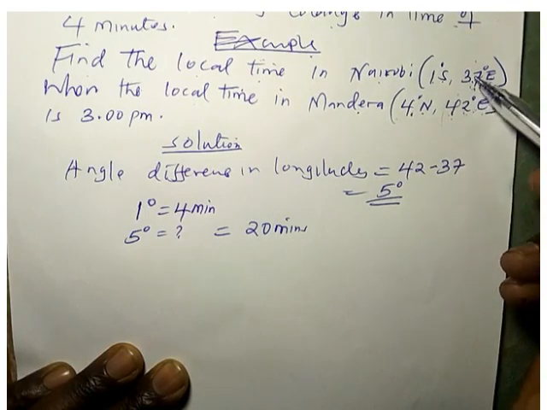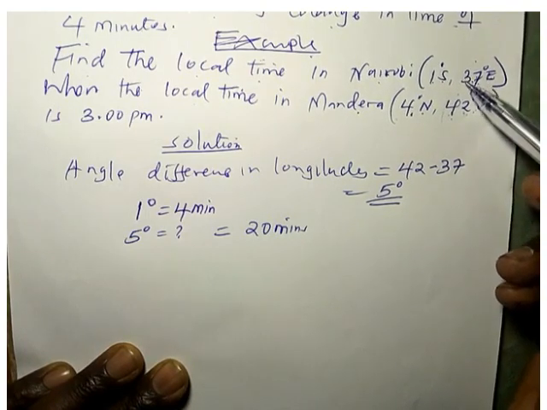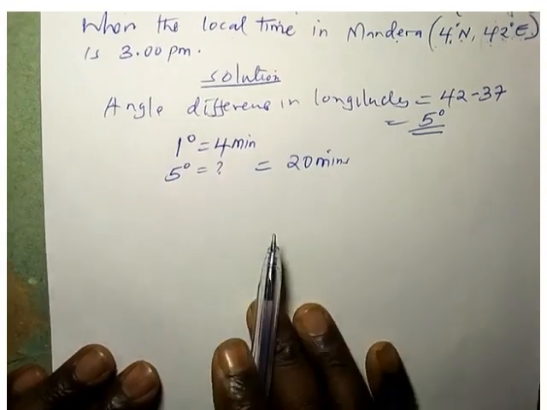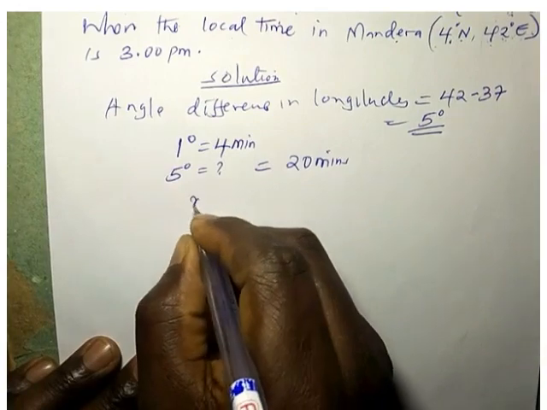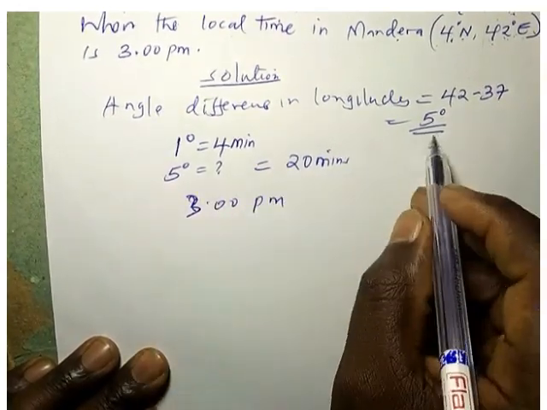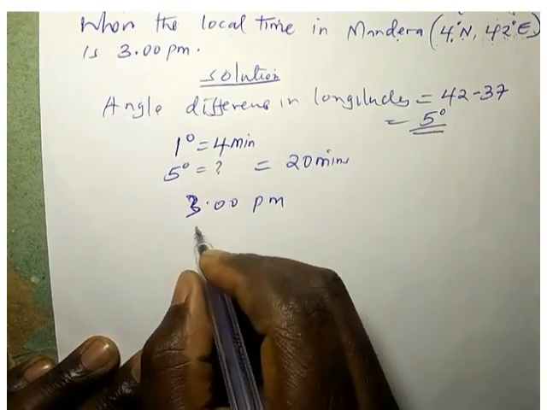Although both of them are in the east, Nairobi is to the west of Mandera. So if in Mandera it is 3 p.m., then Nairobi will be 20 minutes behind.